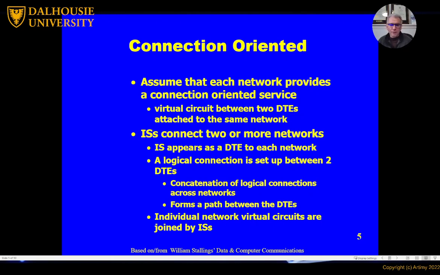Frame relay, for example, is a virtual circuit technology where before any two nodes can connect, we have to tell all the intermediate switches that we need to book this virtual circuit.